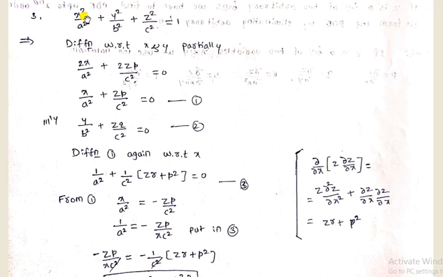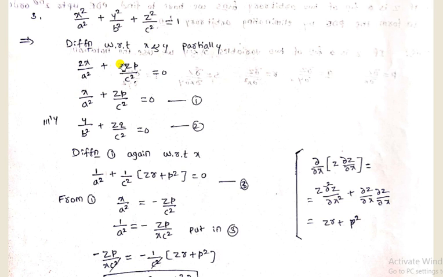So differentiation of x square by a square becomes 2x by a square, then y square by b square is 0 because with respect to x, and differentiation of z square is 2z, and differentiation of z with respect to x is dou z by dou x, and dou z by dou x is denoted as p, and whole divided by c square.